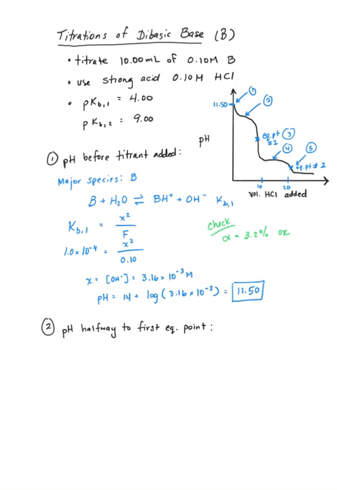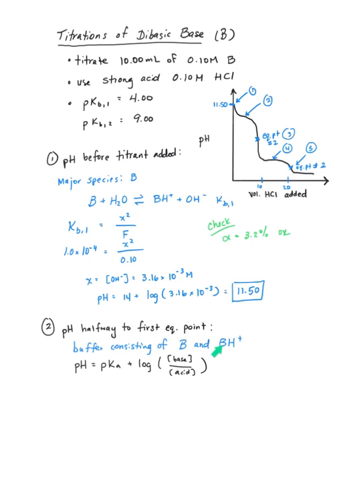So next, let's think about what the pH is halfway to the first equivalence point at region number 2. In region number 2, we must have a buffer between our fully deprotonated base and our base which has gained 1 proton. Buffers' pHs are determined by the Henderson-Hasselbalch equation. To use the Henderson-Hasselbalch equation, we need a pKa for the acidic conjugate in our buffer system.